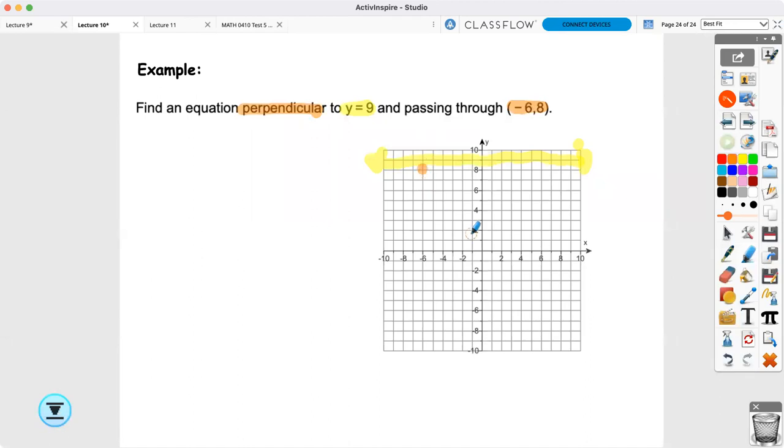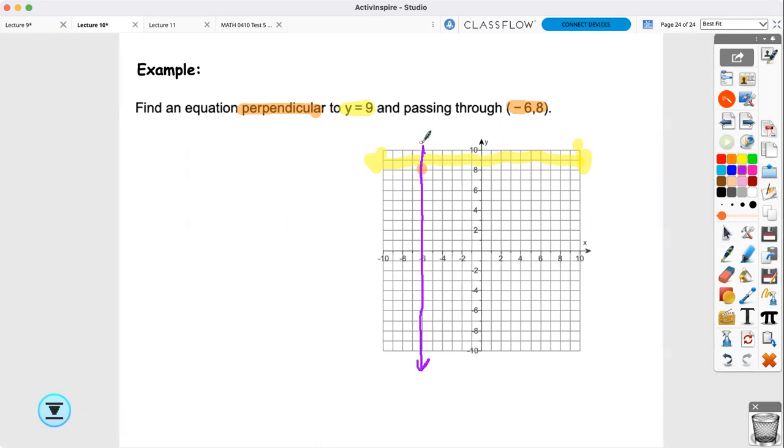Can someone tell me what kind of line is perpendicular to a horizontal? The answer is vertical. And we want it to go through that point, so we look at the x value. So it's going to be x equals -6. And we are done.